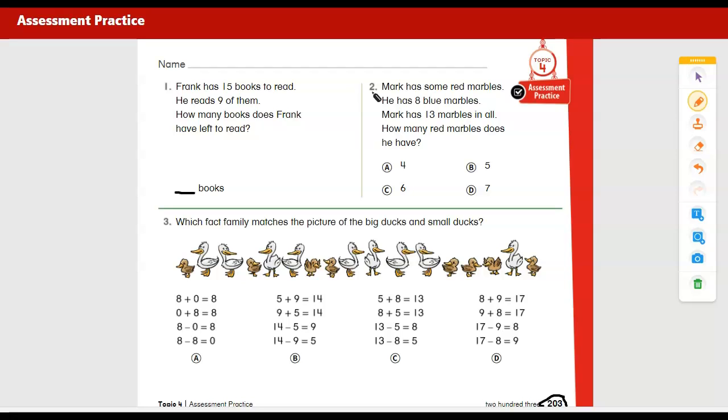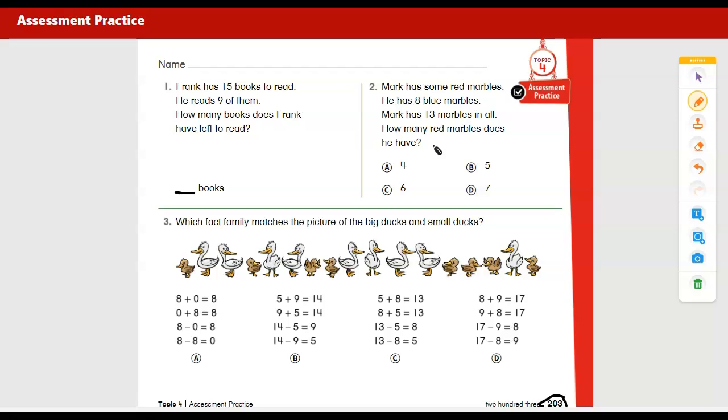Number 2 says Mark has some red marbles. He has 8 blue marbles. Mark has 13 marbles in all. How many red marbles does he have? And then you will fill in the answer choice. So Mark has some red marbles.